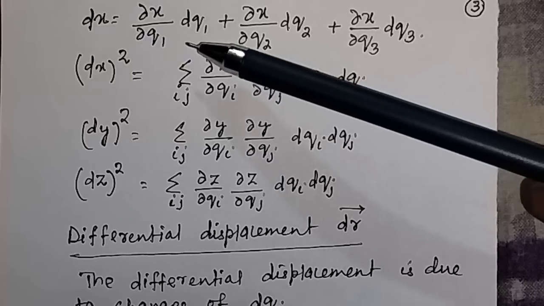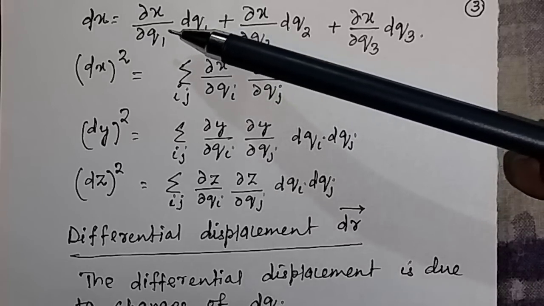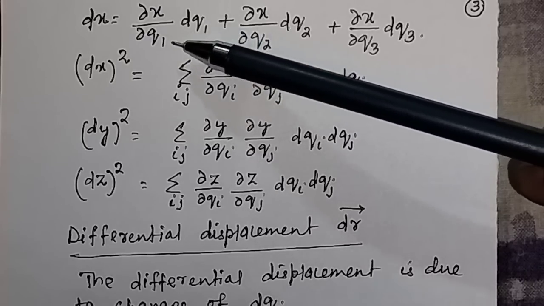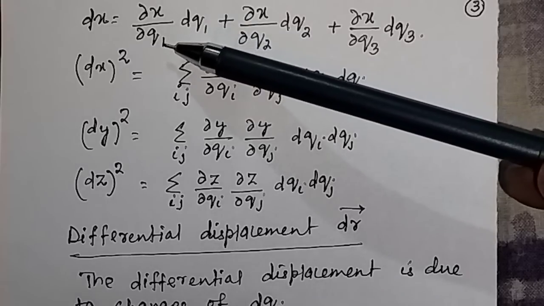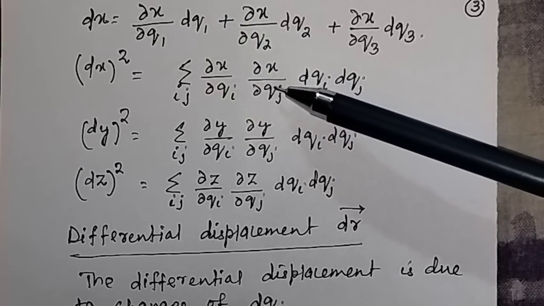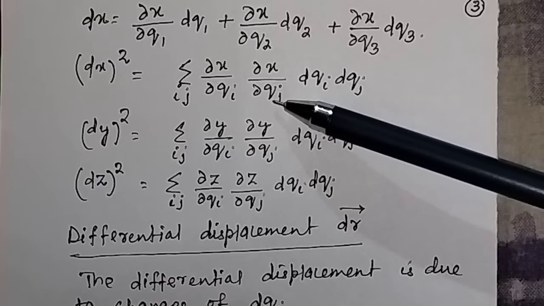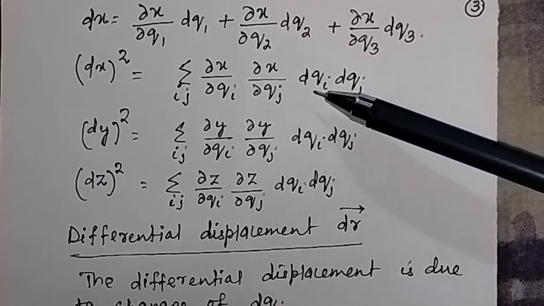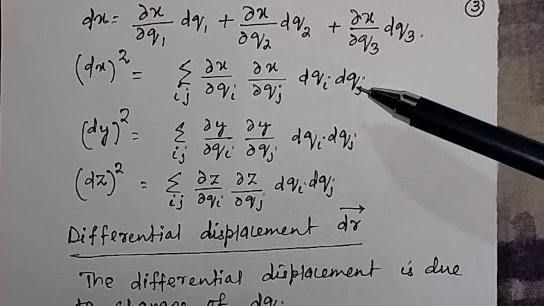When you multiply dx with dx, you have factors like the partial derivative of x with respect to qi and the partial derivative of x with respect to qj, and you have two terms, dqi and dqj.